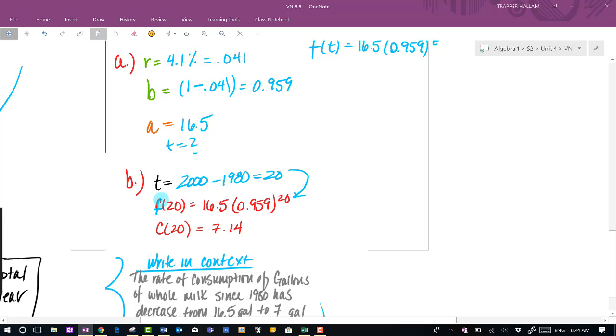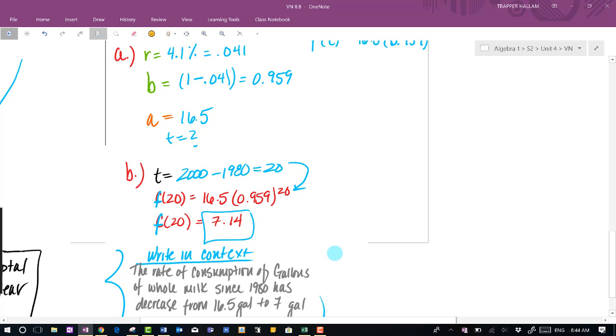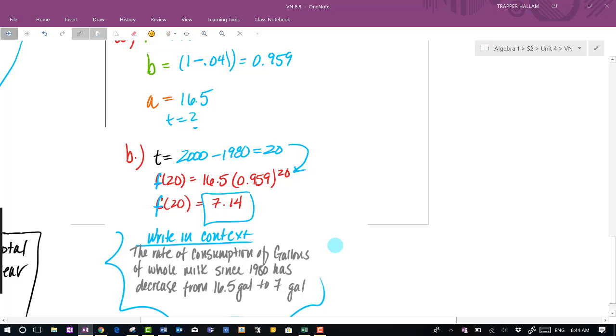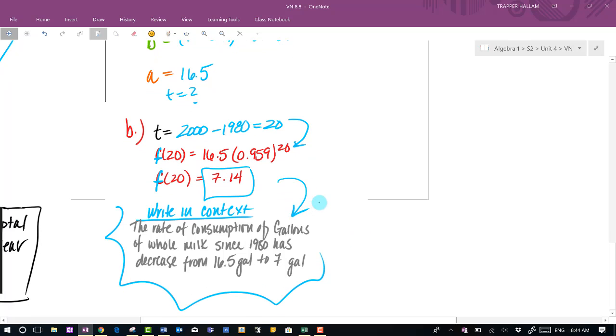I'm going to change that to an F right there and change that to an F. So the function at 20 years, starting with 16.5 gallons of milk per year per person, with the decay factor of 0.959 after 20 years, you put that in your calculator, you're going to come up with 7.14 gallons of milk per year. And again, you're going to put that back into some kind of contextual part because it came to you that way. You're going to represent it in the form that you had it.